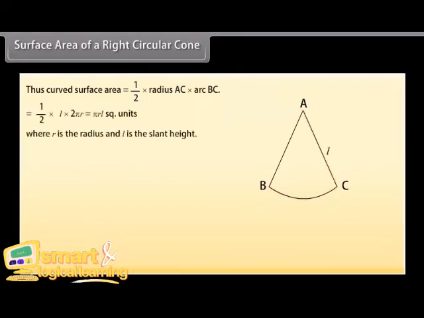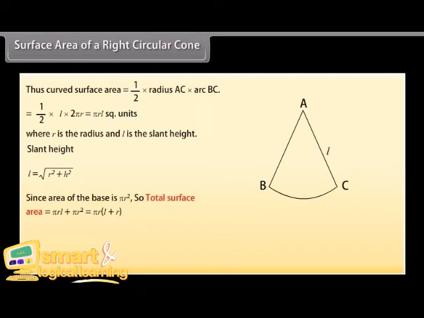This is equal to 1 upon 2 into L into 2 pi r equals pi r L square units, where r is the radius and L is the slant height. And slant height L is equal to square root of r square plus h square. Since area of the base is pi r square, the total surface area is equal to pi r L plus pi r square, which is equal to pi r into L plus r.